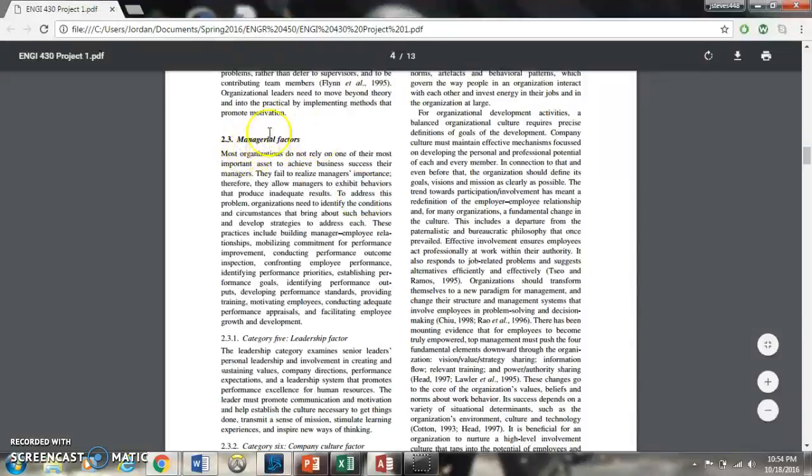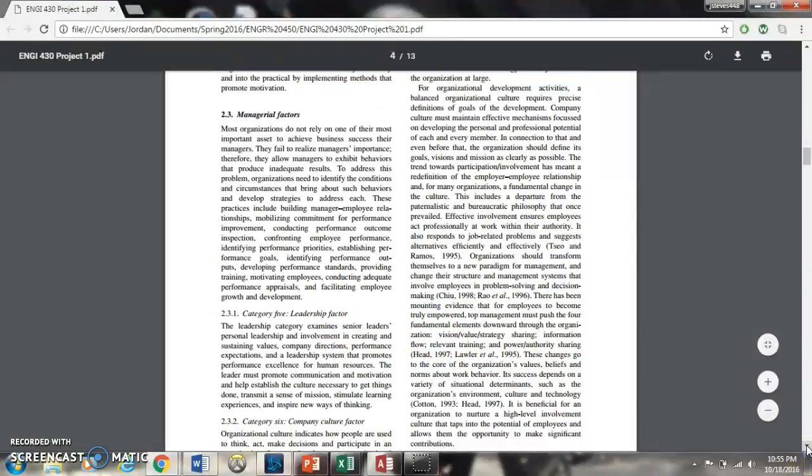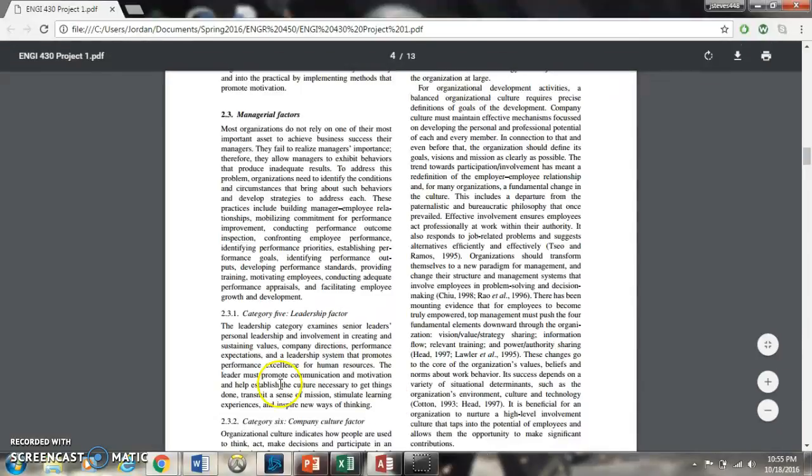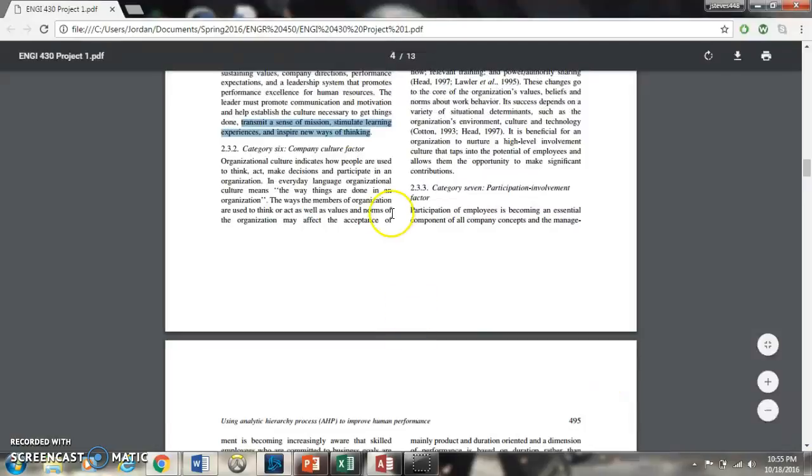Then the third main criterion is managerial factors. This has 3 sub-factors. So leadership factor. Can we employ leaders to actually get things done, to transmit a sense of mission and stimulate learning experiences and inspire new ways of thinking? The next category is company culture factor.